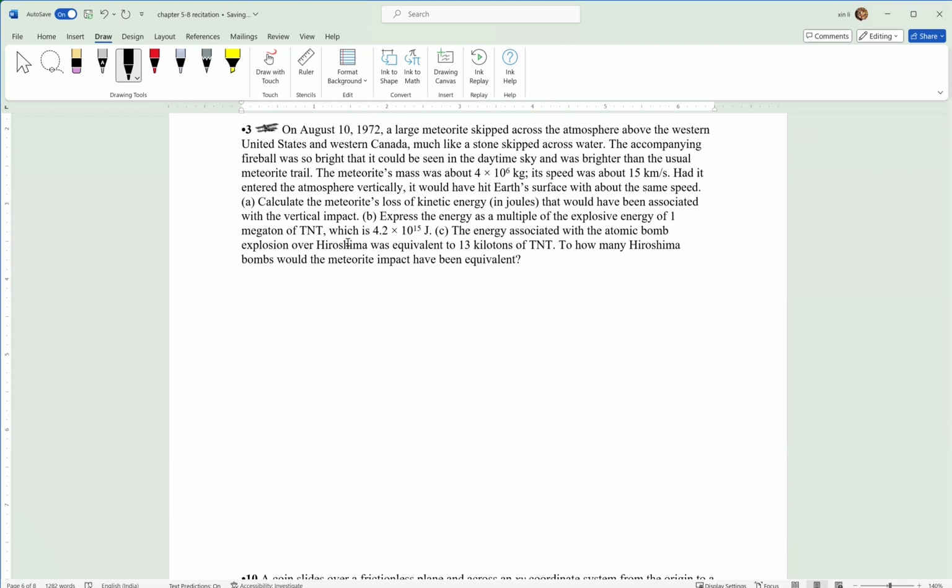Okay, so what we do here is because when it hits the earth, it will stop, right? So our final speed will be 0 meters per second, and our initial speed will be 15 kilometers per second, which is 15,000 meters per second. So our change of kinetic energy is 1/2 m v final square minus 1/2 m v initial square.